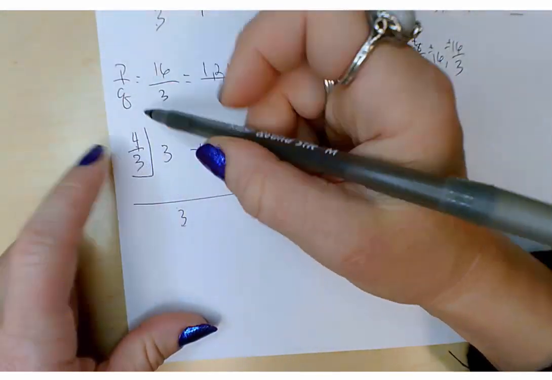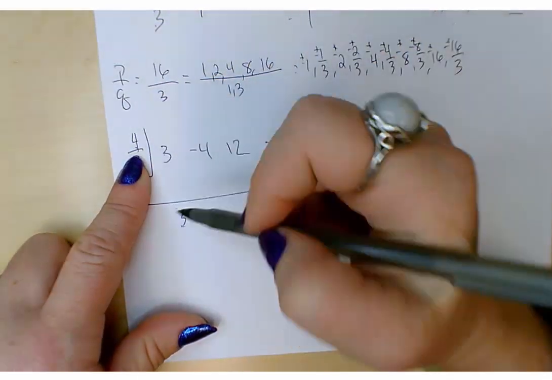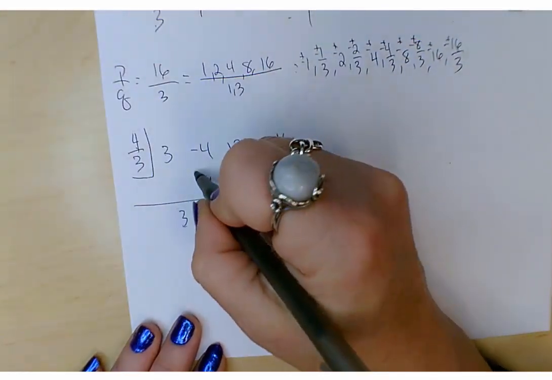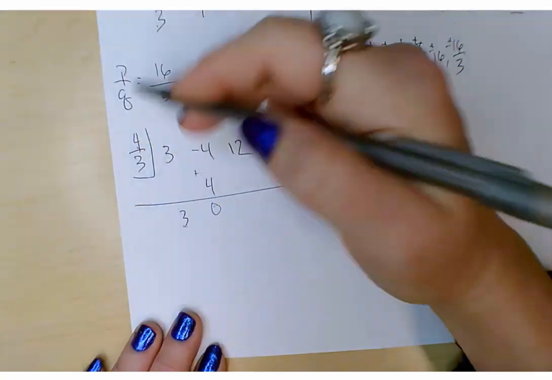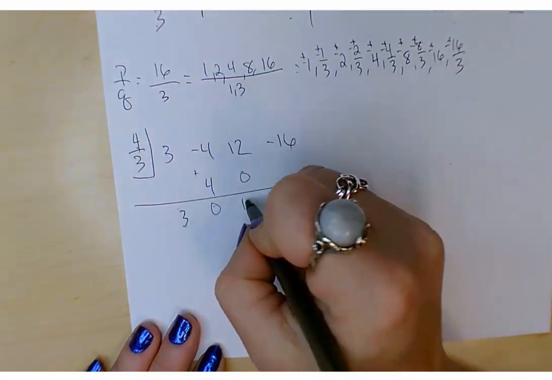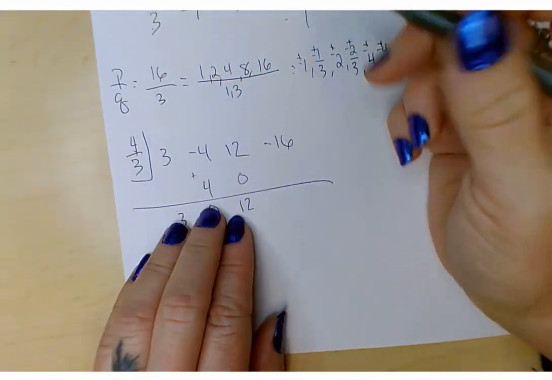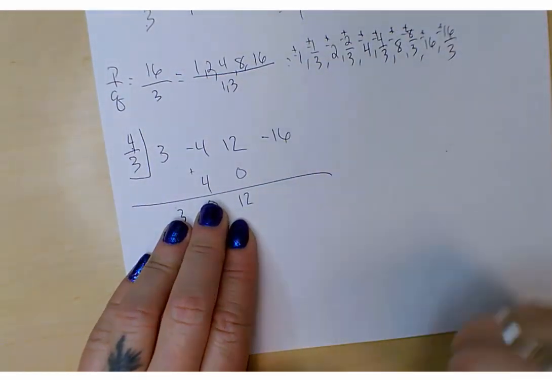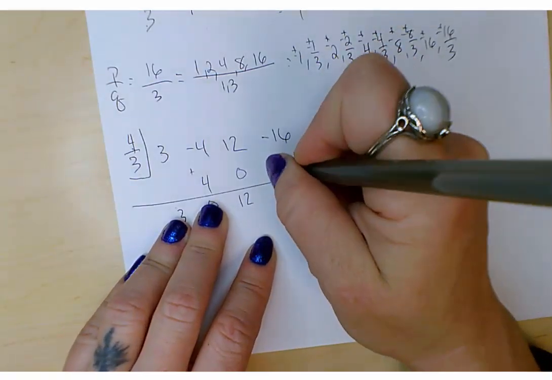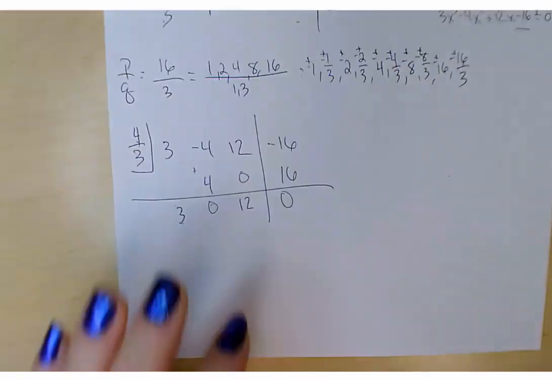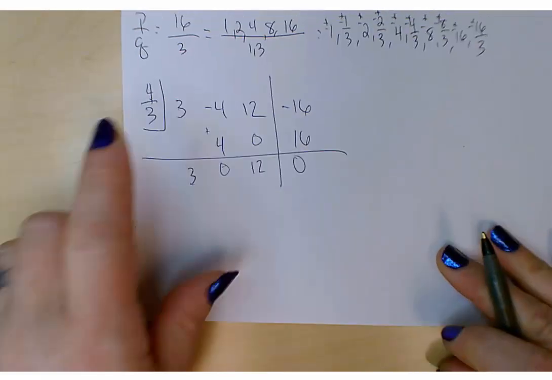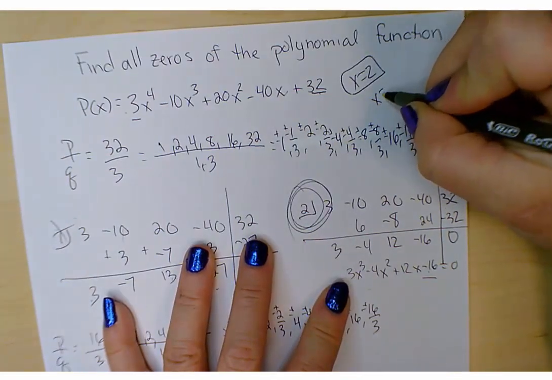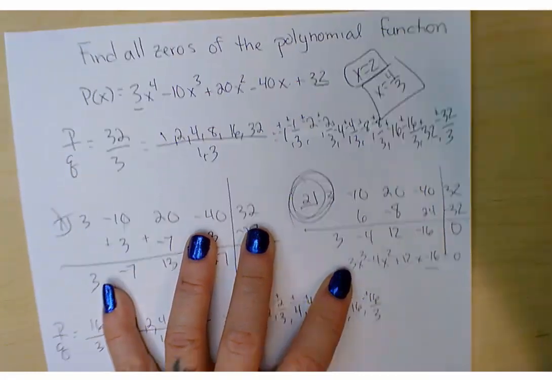You can also think about it as 3 times the 4, which is 12, divided by 3 is a 4. When we add this, we get 0. When we multiply, we get 0. When we add this, we get 12. When we multiply, 12 times 4 is 48. 48 divided by 3 is a 16. When we add this, we get 0, showing us that 4/3 is a solution. So x does equal 4/3.